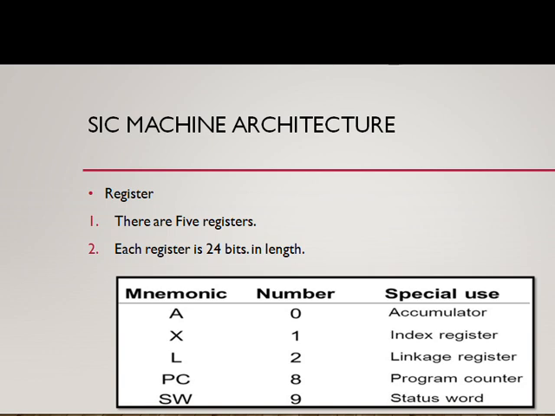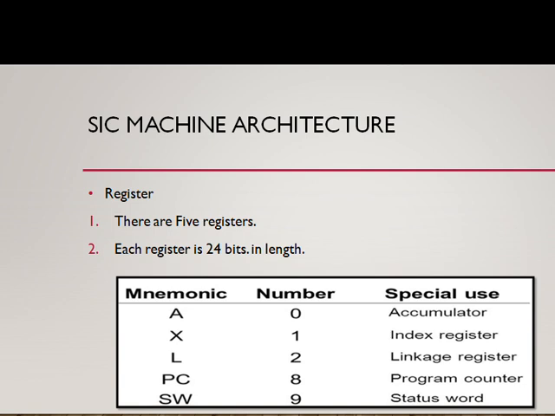Register. For standard machine architecture, there are 5 registers. Each register is 24 bits in length. Example, A is 24 bits, X is 24 bits, L is 24 bits, and the other two also each have 24 bits in length.